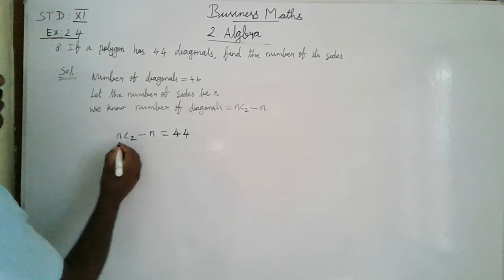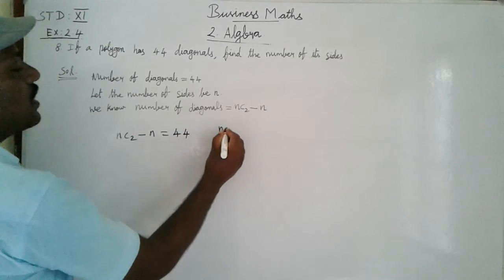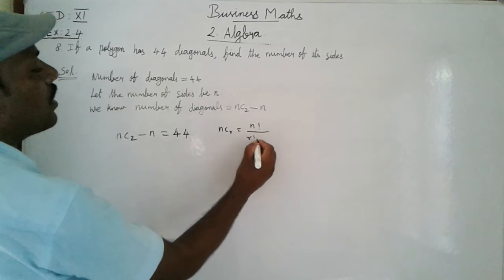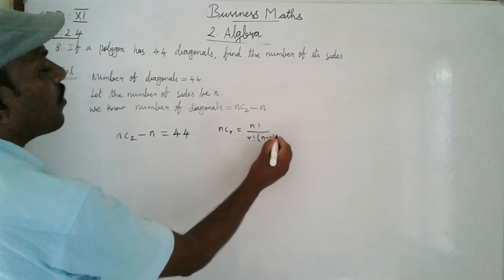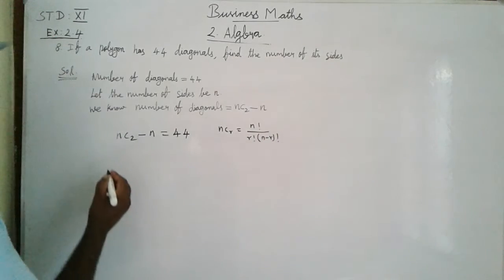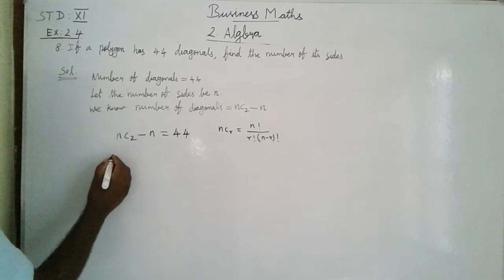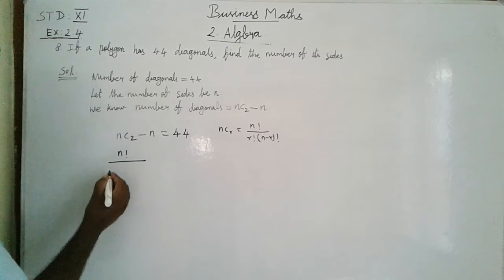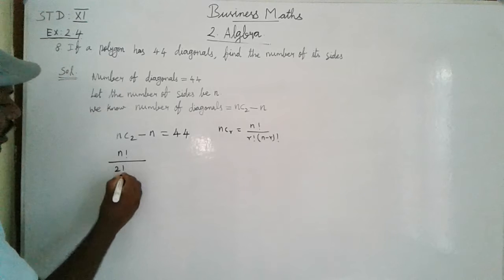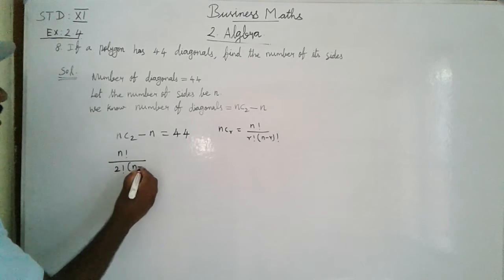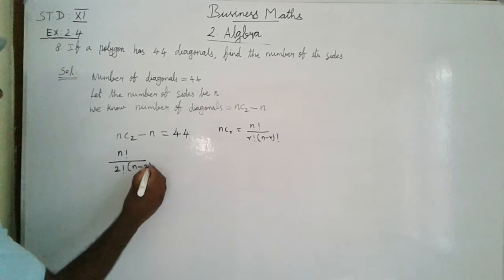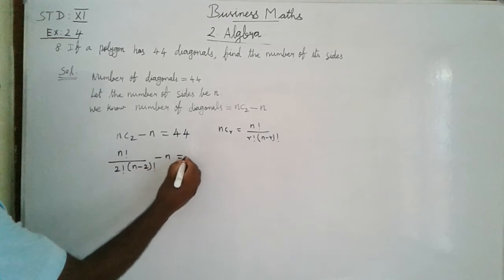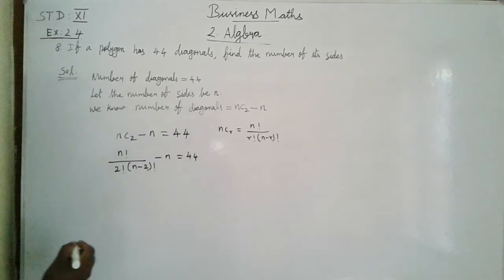We should write the formula nCr equals n factorial divided by r factorial into n minus r factorial. Substituting, nC2 means n factorial divided by 2 factorial into n minus 2 factorial, minus n equals 44.